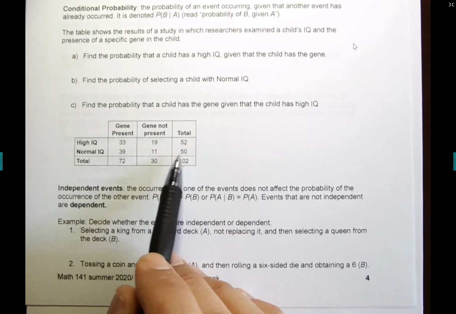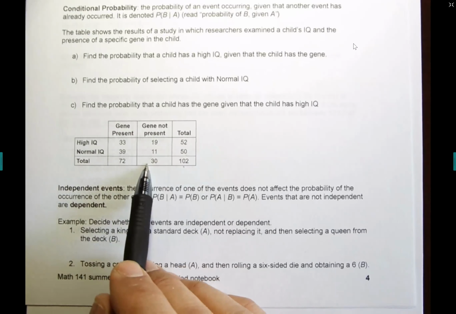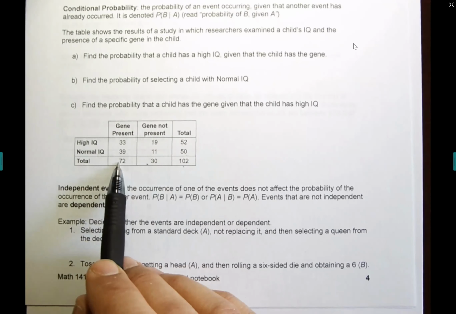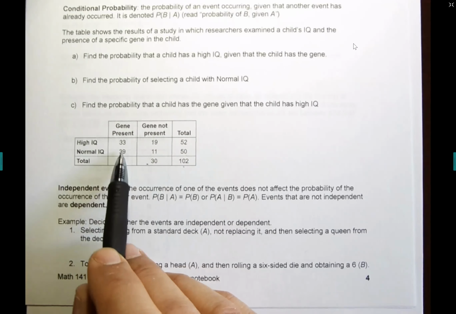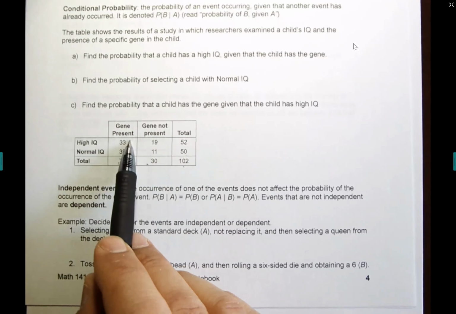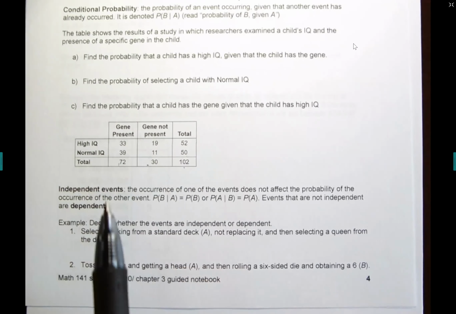Now, let me tell you what 30 here means. 30 means children who don't have the gene present. 72, children who have the gene present. Now, can someone tell me what 33 means here? The 33.